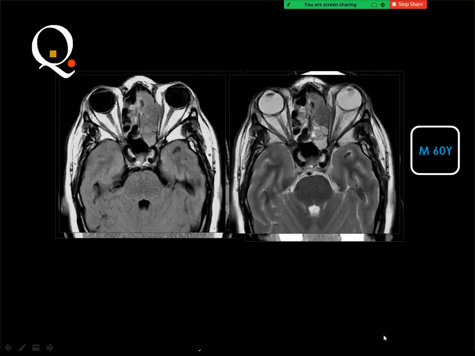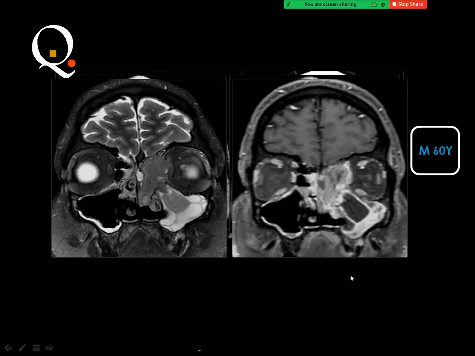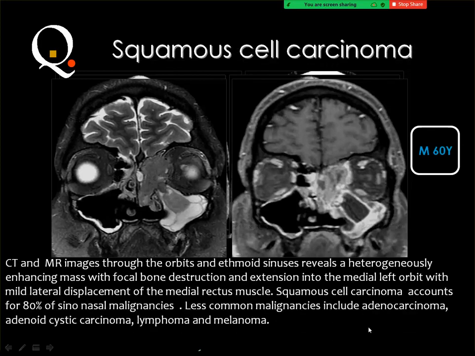Then this is the MRI, and you see that there is a mass in the ethmoidal air cells with disruption of the lamina papyracea and intraorbital extension, and this is coronal T2 and coronal post-contrast fat sat. Then you get heterogeneous enhancement of the lesion with extension into the orbital cavity.